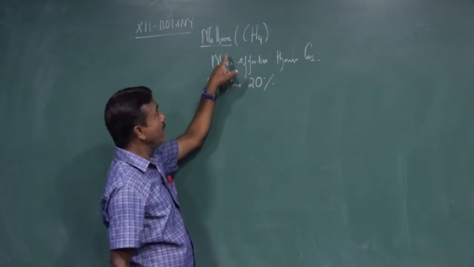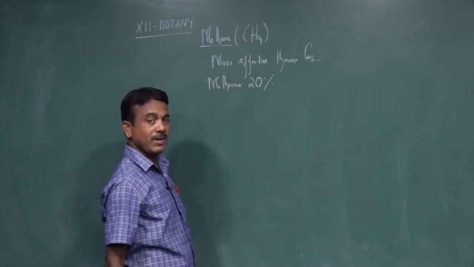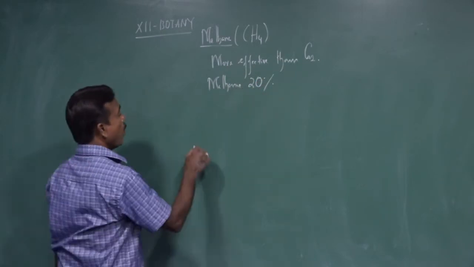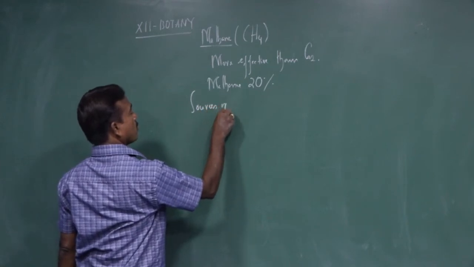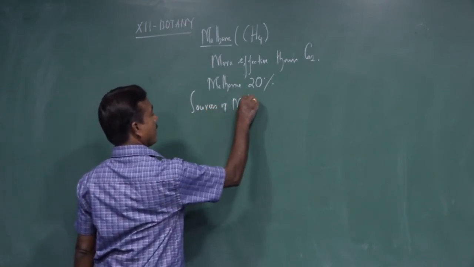That is to say, methane is more effective than carbon dioxide. Next, what are the sources of methane?